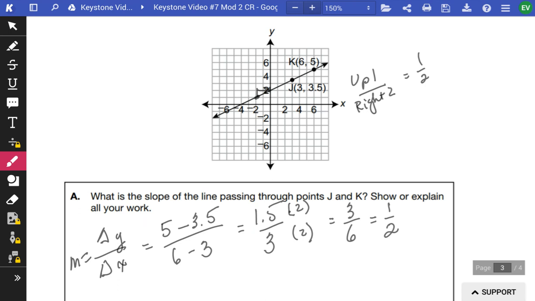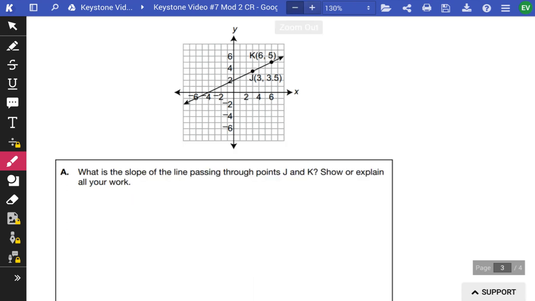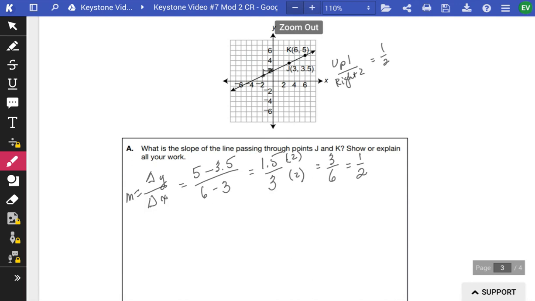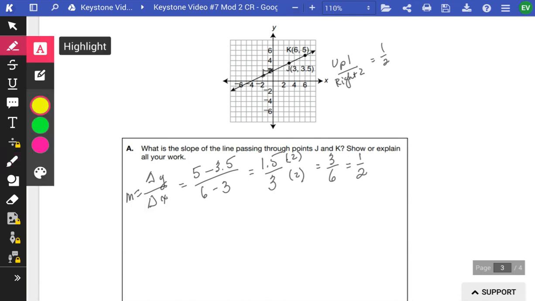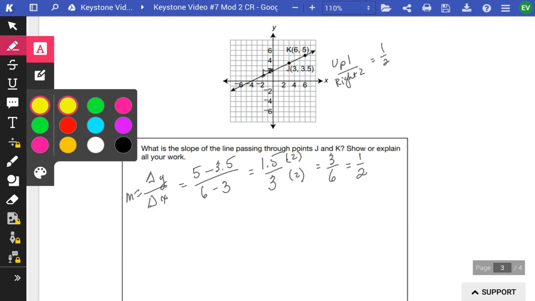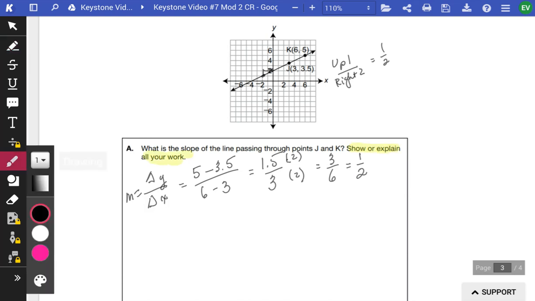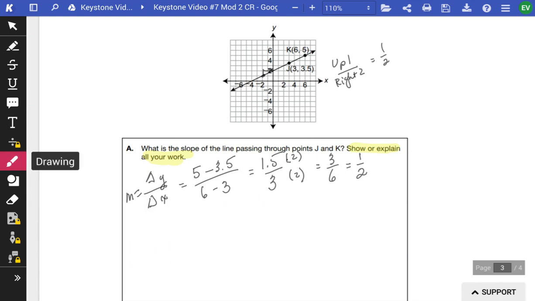So that's the same slope. So you can either calculate your slope the way I just did, or you can box count it. Remember though, read the directions, because in this case, it says show or explain all your work. Okay, so make sure you show or you explain all your work.